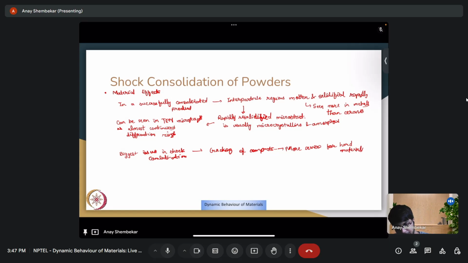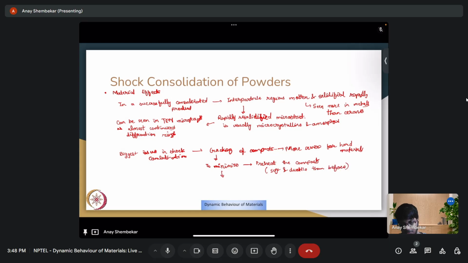And to minimize it, we have two approaches. One is to preheat the compact. What this does is make them softer and more ductile than before.